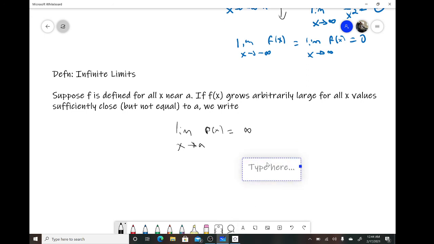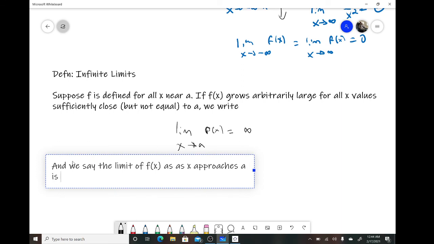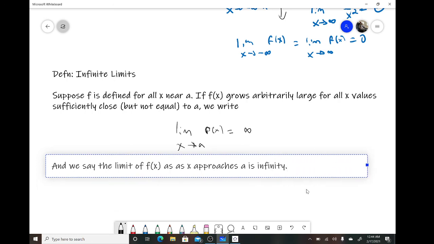So we say the limit of f of x as x approaches a is infinite. Okay.